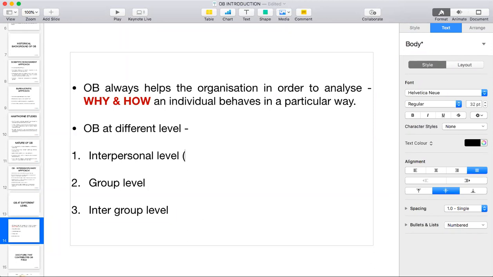At this level we discuss the reciprocal relationship, role analysis, and transactional analysis, which are the basic methods to understand interpersonal interaction. In simple language, that is nothing but the interaction of human resources in the company.